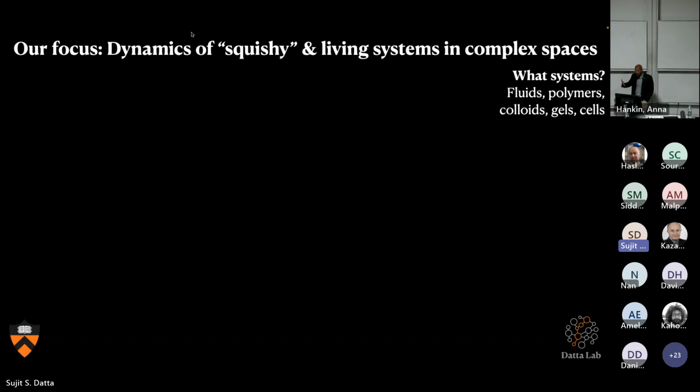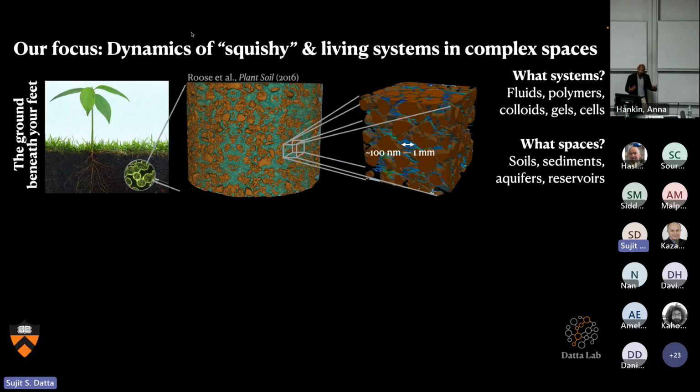So what are some examples of crowded, complex spaces that we're all familiar with? Well, one example is very familiar to all of us, and many of you study these kinds of complex spaces. It's the ground beneath our feet, right? When you go outside and take a walk, soils, sediments, subsurface formations, these are all examples of disordered porous media right beneath our feet.